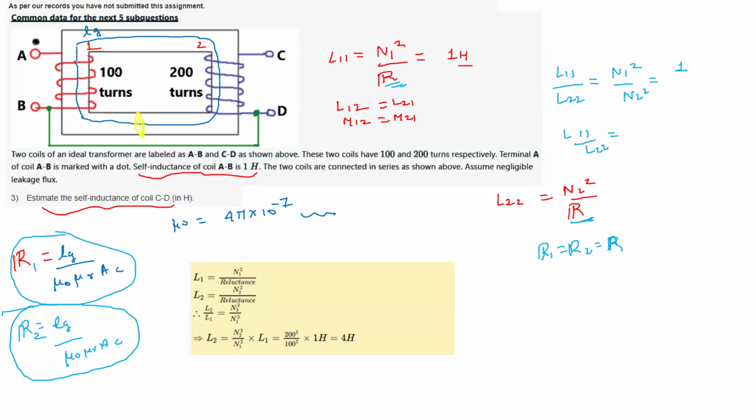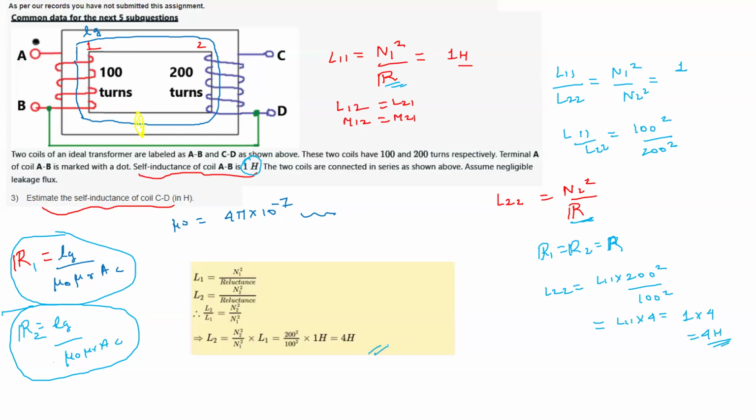So N1 square is 100 square and N2 square is 200 square. L22 will be L11 into 200 square by 100 square, which is L11 into 4, and L11 is given as 1, so 4 Henry.